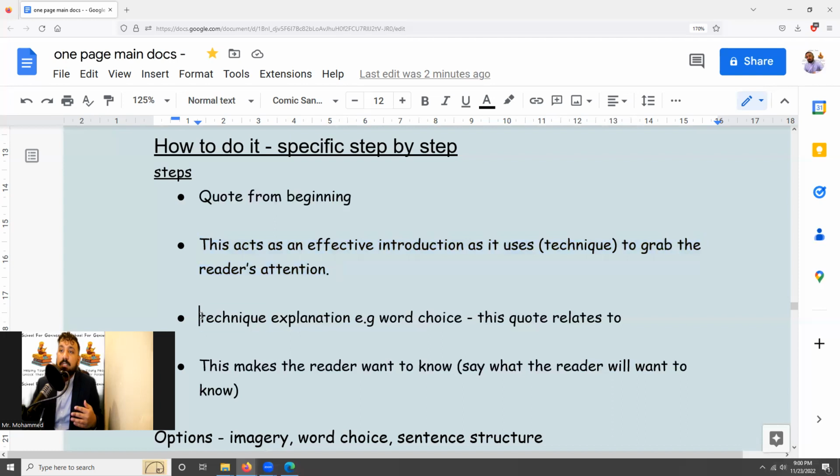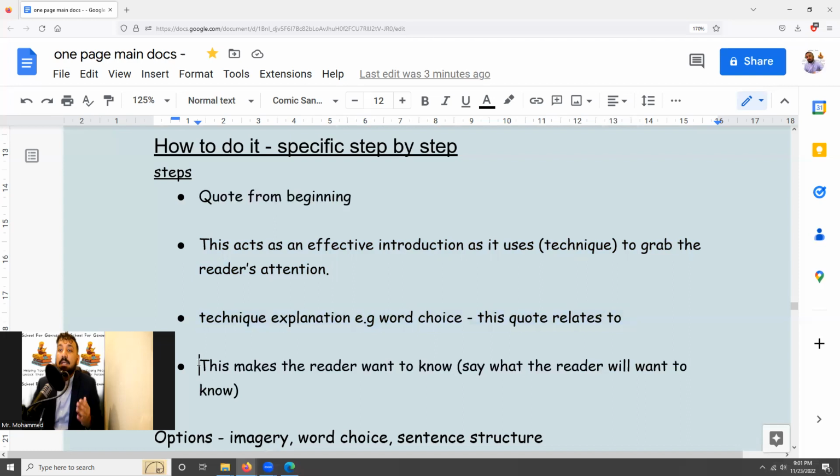Then all you do is you explain. You give the step of the technique. Now, again, I recommend you use word choice because it's the easiest. Once you've picked a word, you say this acts as an effective introduction as it uses word choice to grab the reader's attention. Now all you do is you say this quote relates to, just like you do in word choice, and you give connotations. This quote relates to whatever.